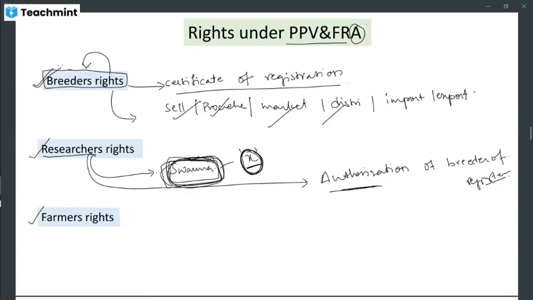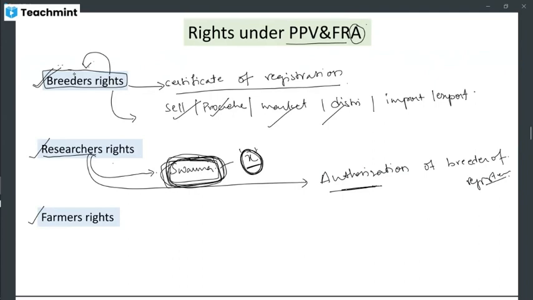They can cross it with anyone and produce a better variety than Swarna, an improved version of Swarna. So this comes under researcher rights, but they need the authorization and permission of the primary breeder, under whose name the variety has been registered. So this is the researcher's right.